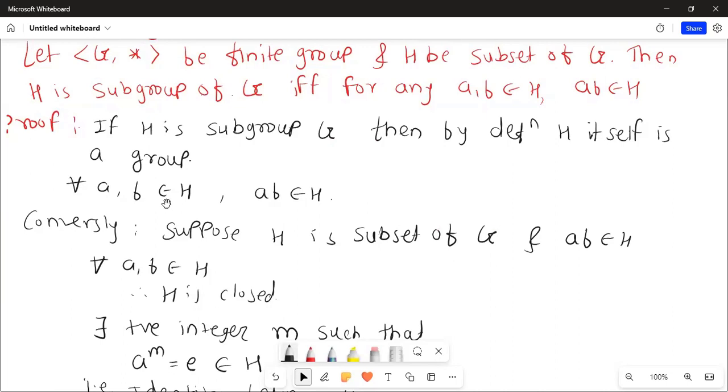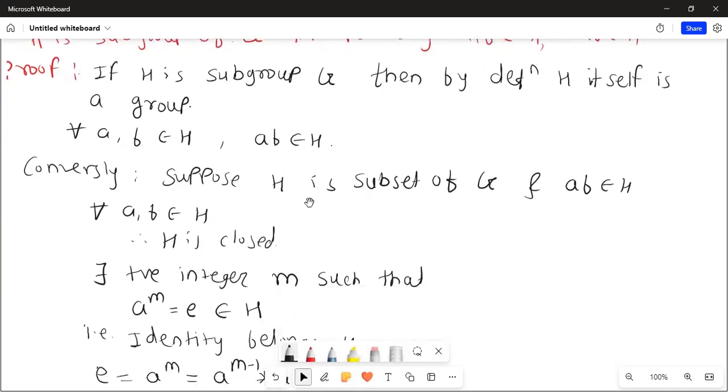Then for every A comma B belongs to H, AB belongs to H. इसका कॉन्वर्स देखो, H is a subset of G and AB belongs to H. For every A, B belongs to H, H is closed.